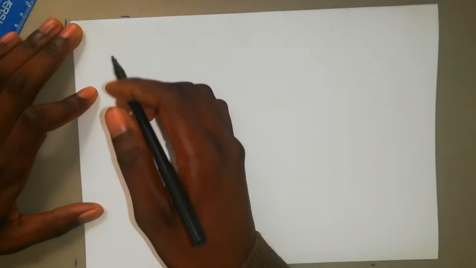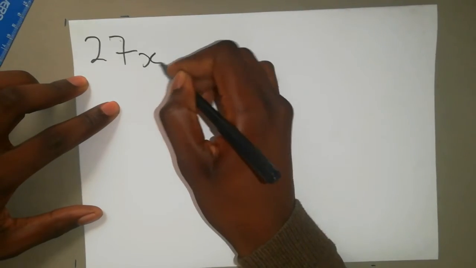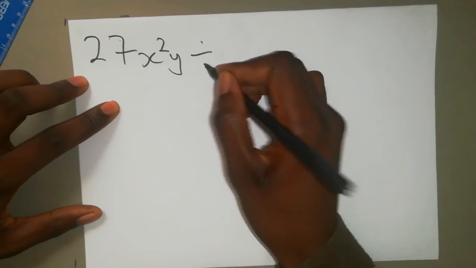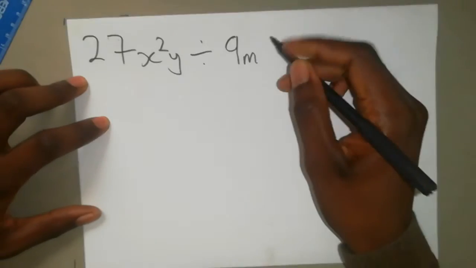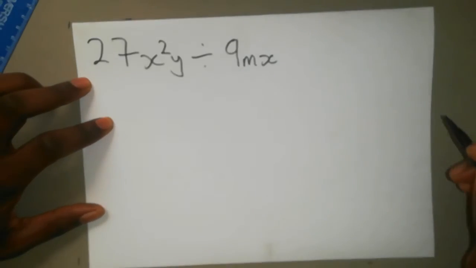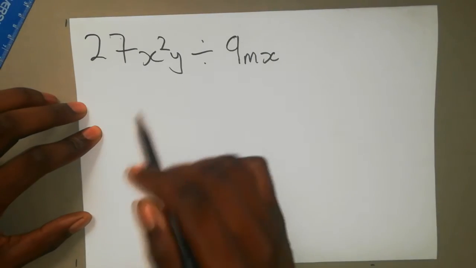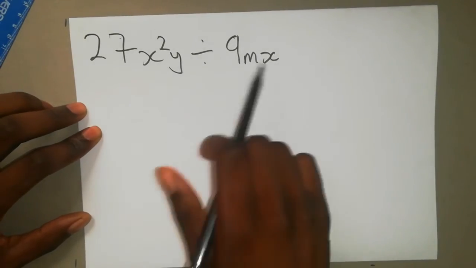So for instance, we might have 27x squared y divided by 9mx. Fine. At this stage, what you are supposed to understand with division, we have to use this other division format in order for you to appreciate these two concepts.